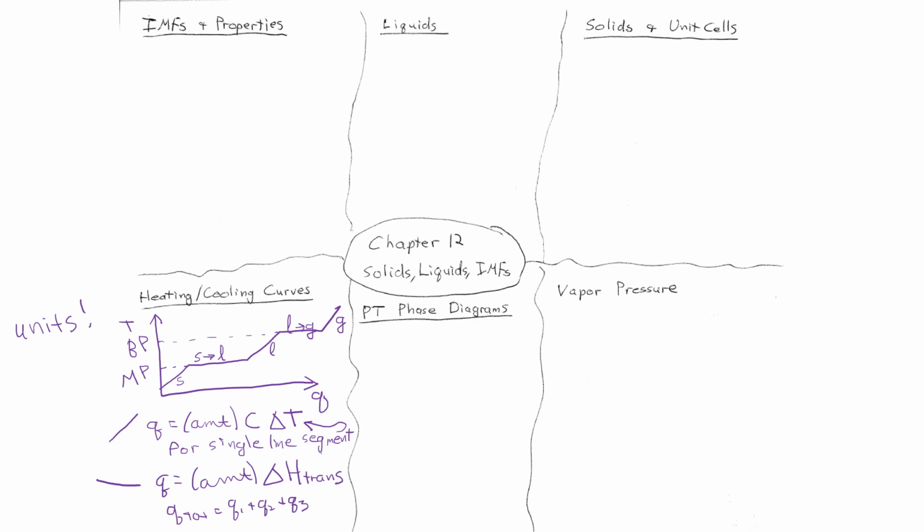So you just have to make sure that for each piece of your calculation, all the units are compatible. If you're doing a single line segment, make sure that the amount is compatible with your constant, and when you're adding multiple line segments together, make sure that it's either all joules or all kilojoules. If I were doing this on a test, I would pick joules or kilojoules depending on what units the answers are given in. All right, so that is one section of this.